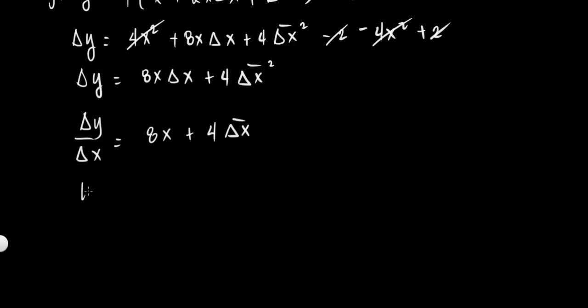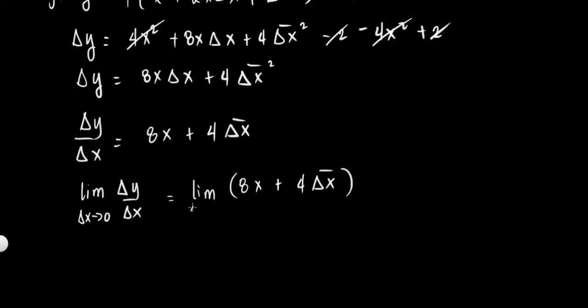Okay? Then limits of delta y over delta x as delta x approaches 0 is the limit of 8x plus 4 times delta x as delta x approaches 0. So we have 8x plus 4 times 0.